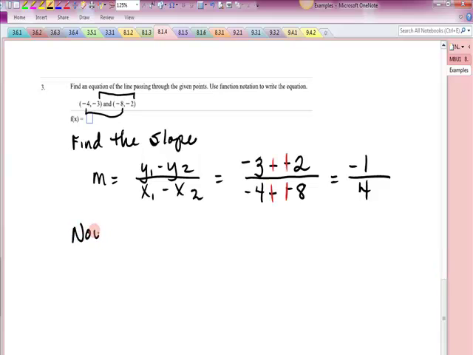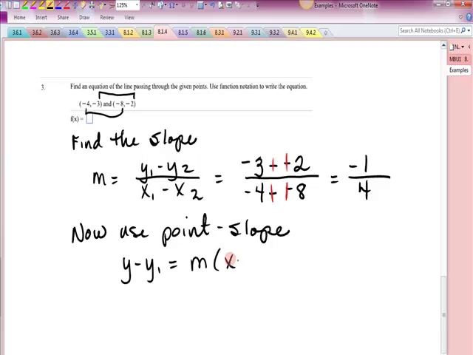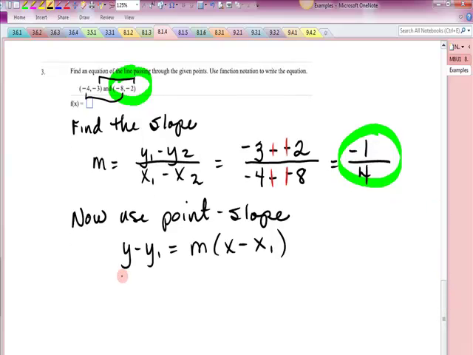So now use point slope. So y minus y1 is equal to m times x minus x1. I can pick whichever one I want. This time I'll pick that point and I'll pick that slope, mainly just to show you it doesn't matter which one I pick. So I have y minus -2 is equal to the fraction -1/4 times x minus -8.